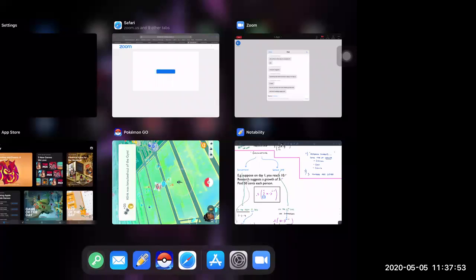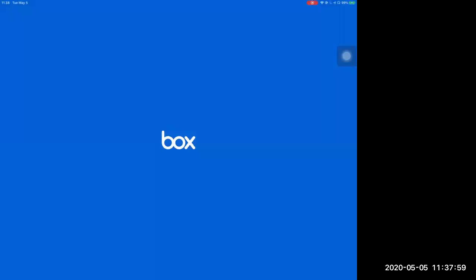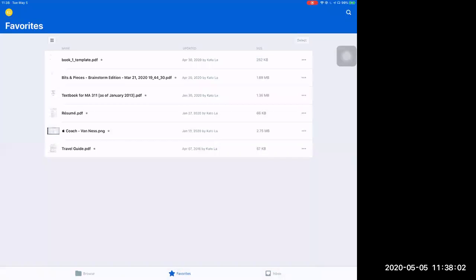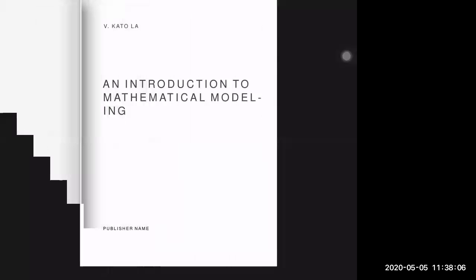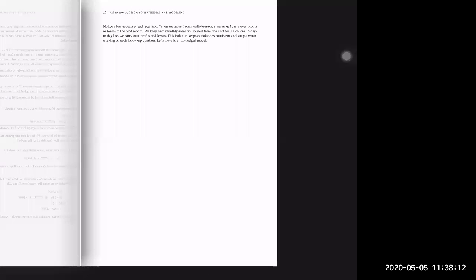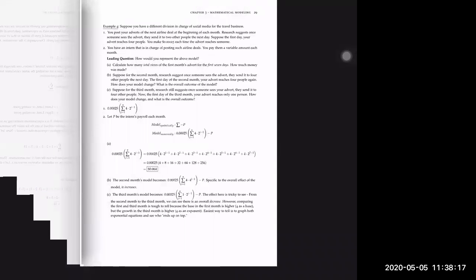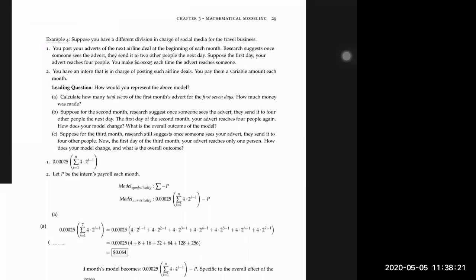So if you go to, where is it? Here it is. I am on my textbook. It is chapter 3, example 4 right here, page 29.